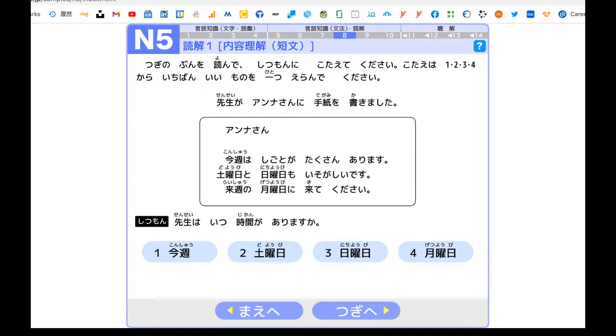So the second and third options will go. 来週の月曜日に来てください。It will be Monday, 月曜日. The tricky part is that the sensei mentions both 来週 and 今週. So it makes you confused, but just ignore those things quietly and calmly and find the right one. Okay?